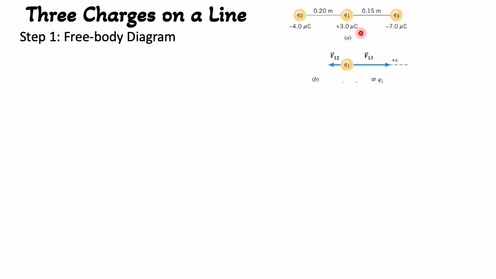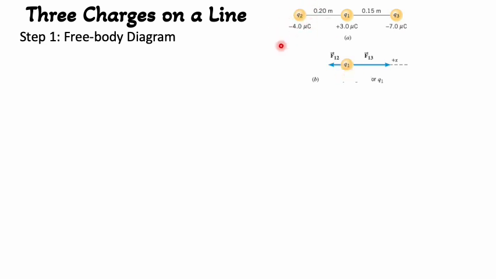So let's consider the sign of Q2. The sign of Q2 is negative. Given the interaction between the two, we can say that Q1 is attracted to Q2 because they have opposite signs. So, the direction is going to the left. That is the force acting on Q1 because of the presence of this negative charge.